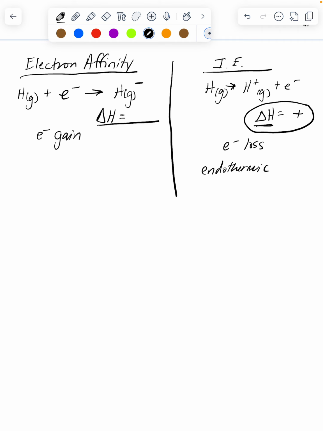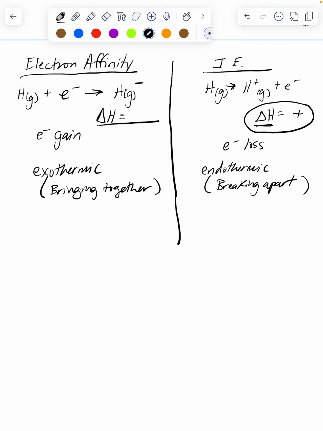Whereas the opposite is generally true for the electron affinity values that are listed in the data booklet. When an attraction is formed between two particles, that is pretty much always going to release energy, usually in the form of heat, and so we call those changes exothermic. So endothermic is breaking apart or separating, and exothermic is bringing together. It's a pretty good rule of thumb to hold true for the entire course.